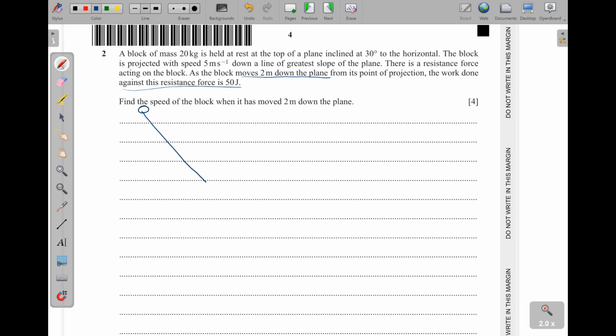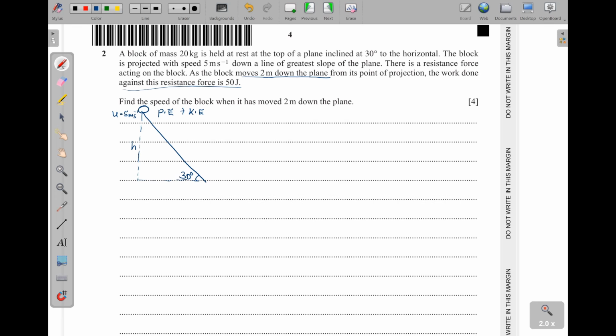Let's say that our particle is here. Now, since there is this vertical height here, there is an angle here which is 30 degrees. At this position, there is potential energy because there is vertical height, which we have to find. Then there is also kinetic energy because this particle is projected with a speed which is 5 meters per second.